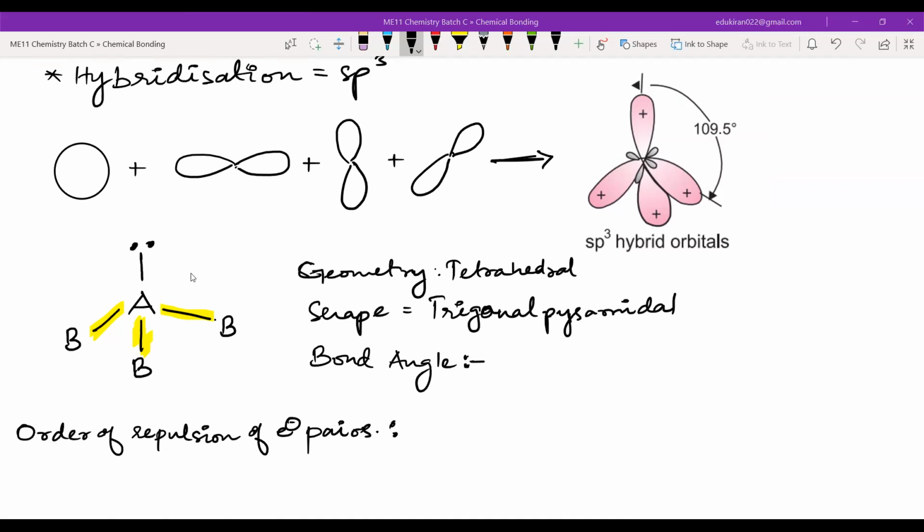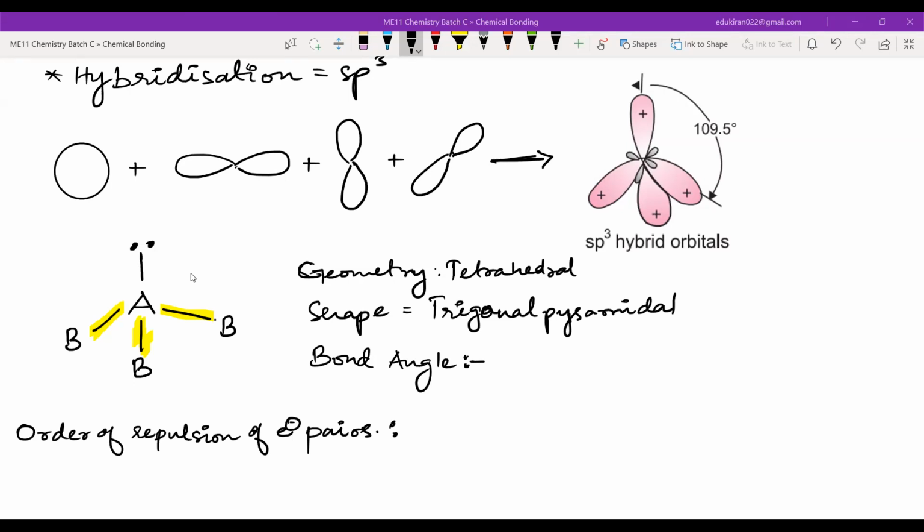Now you tell me, where will the repulsion be highest? Between lone pairs. Because two lone pairs are attracted by only one nucleus, but bond pairs are in control of two nuclei. The lone pair is in control of only one nucleus. That is why a lone pair will have more repulsion.